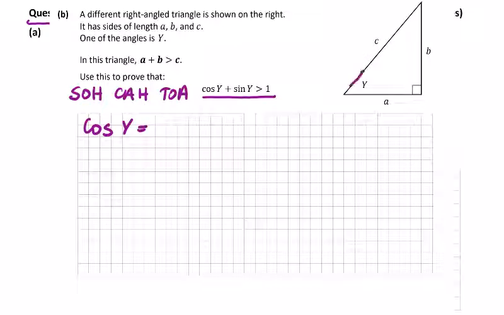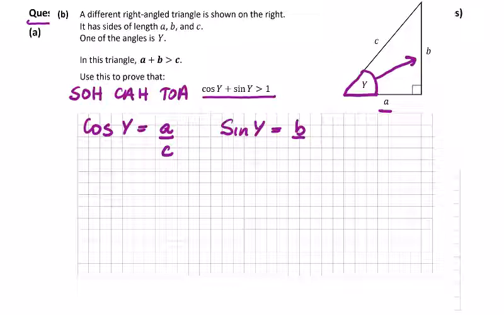So the cos of y, if y is here, adjacent is a, and h is c. We can say the sine of y is equal to O, which is B, over hypotenuse, which is C. And the question is telling us to add them together. So A over C plus B over C is equal to the same denominator.